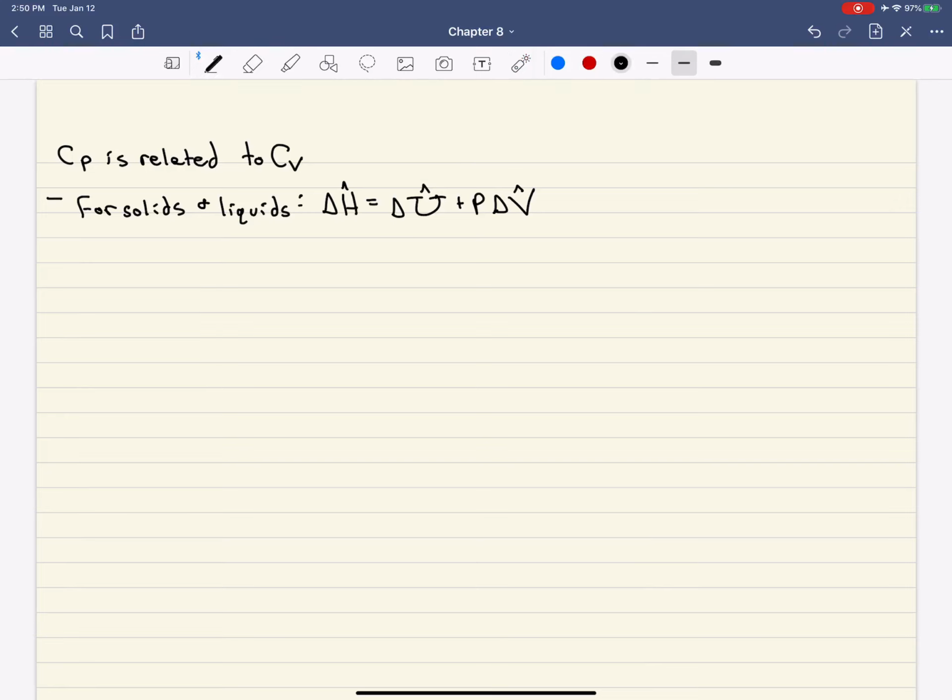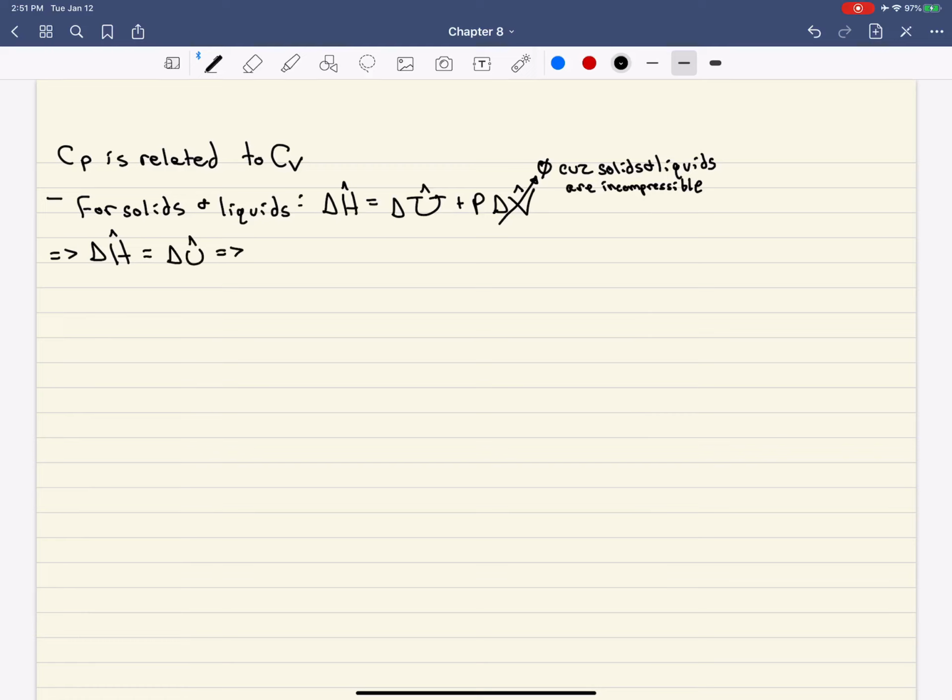And that means our delta V term is equal to 0, because solids and liquids are incompressible. So what we're left with is that delta H is just equal to delta U.